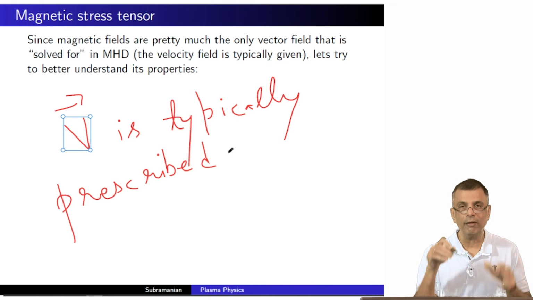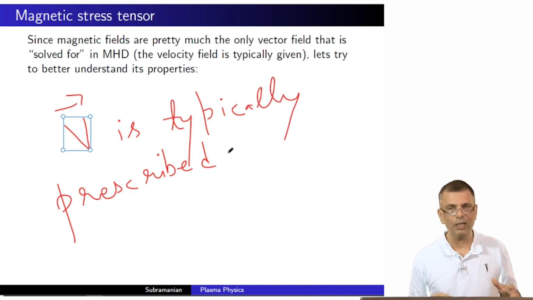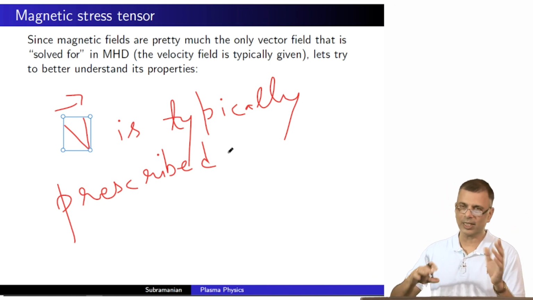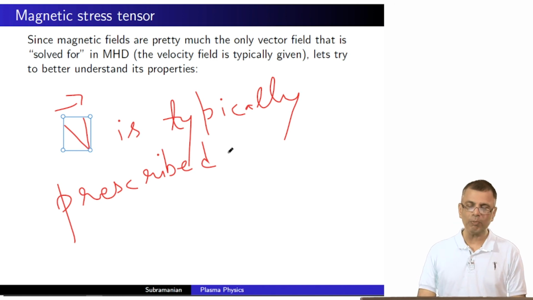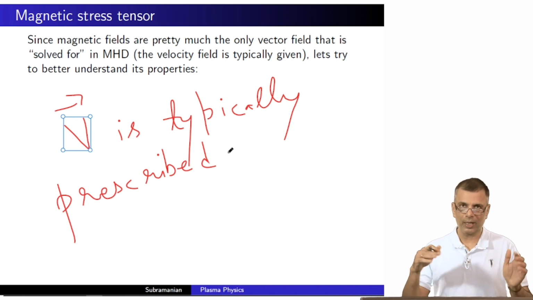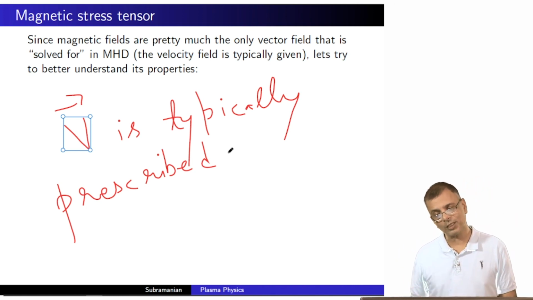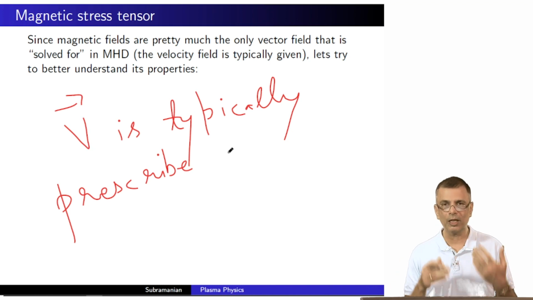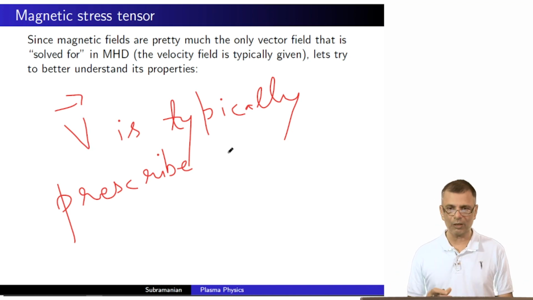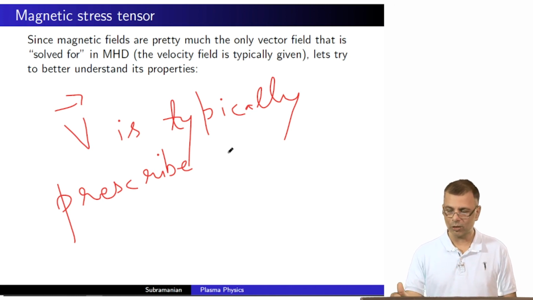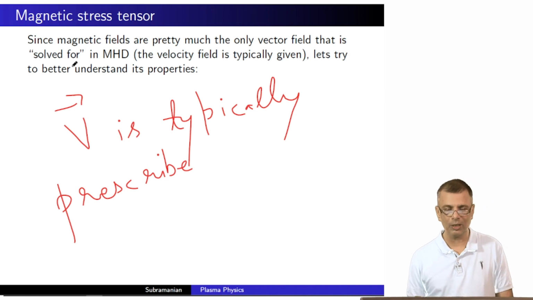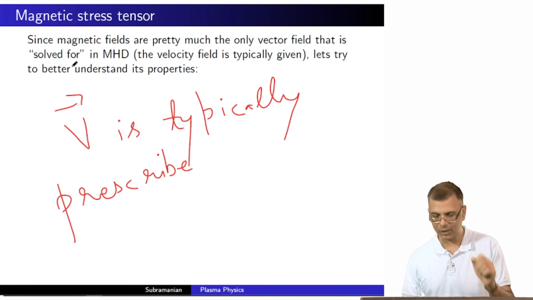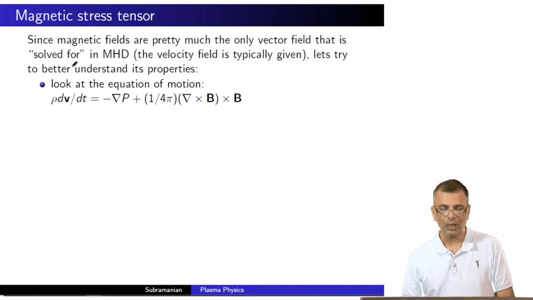Okay. I give you a certain velocity field. I give you a fluid that's flowing in a certain manner, and MHD typically likes to answer, okay, given this velocity field, how does the magnetic field that's present in the fluid evolve with time? Okay. So magnetic fields are pretty much the only vector field that is solved for in MHD. So it's important to try and understand its properties a little more.